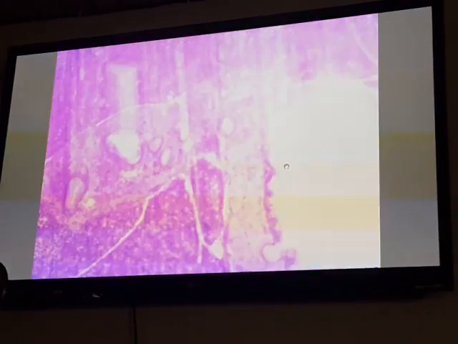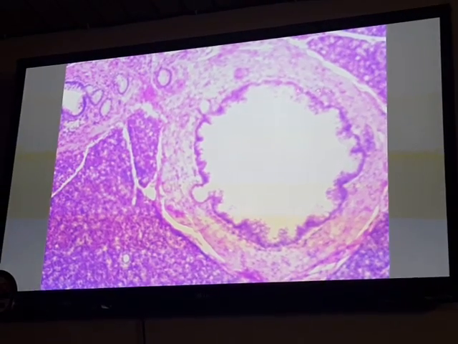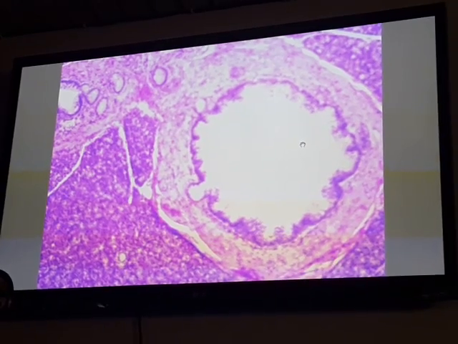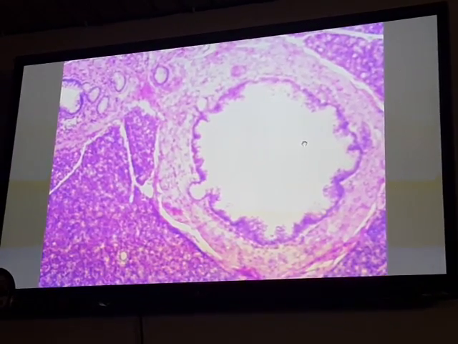And then into the major pancreatic duct. We should have taken this, but it is just a review. This is the major pancreatic duct. This slide is also stained by H&E stain.